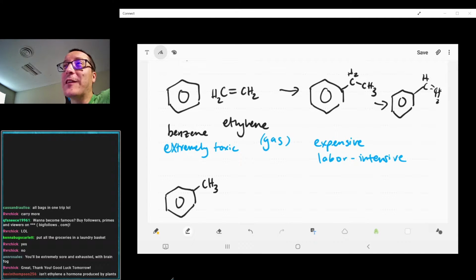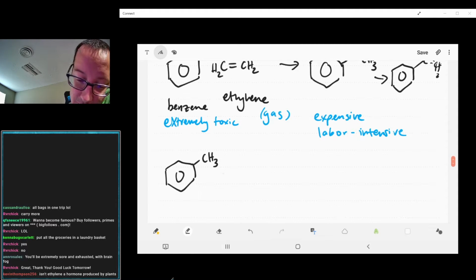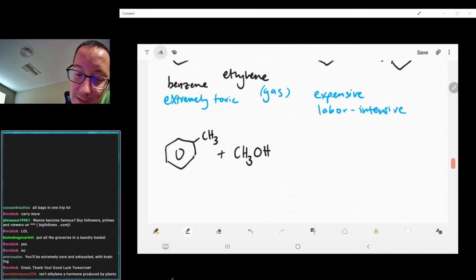And then you would still have to isolate it and do all that stuff. So it's definitely a hormone that has fruits ripen and all that sort of thing. But in the amounts that it's produced, it's not really feasible to just harvest it from gases near plants. So we use toluene and methanol instead.